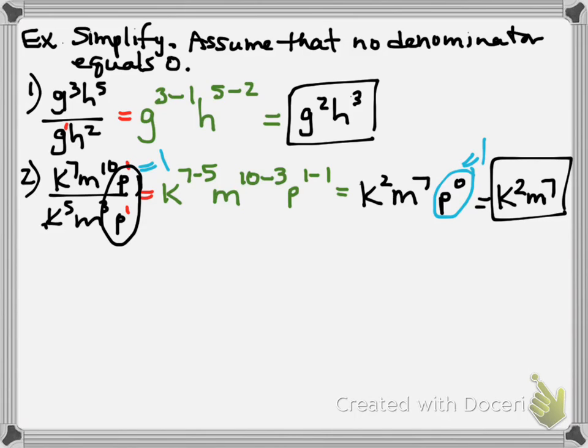Okay, so let's talk about a little bit of a complication. What if you're asked to deal with this problem? And we kind of dealt with this with monomials that did not have fractions.